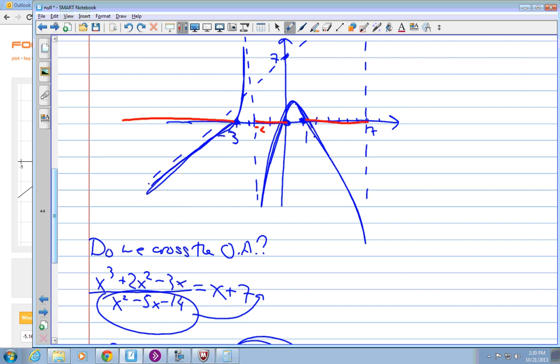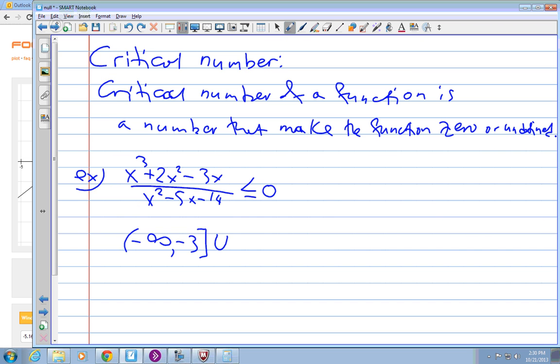So then I'll go from negative 2 to 0, not including negative 2, including 0. And then union again from 1 to 7, right? Only including 1, because 1 is an x-intercept, but not including 7, because 7 is an asymptote.